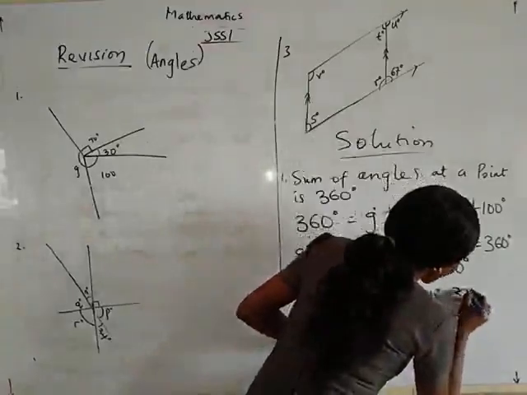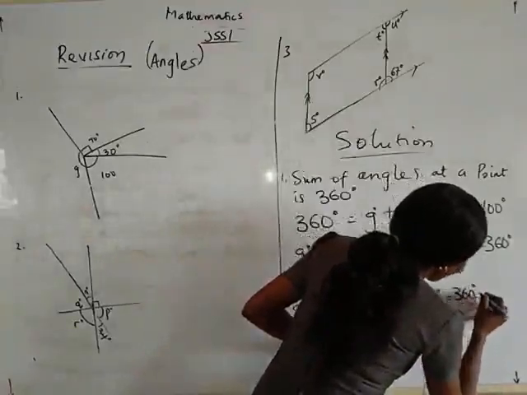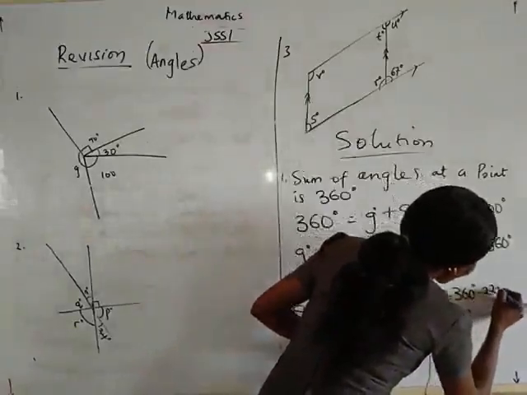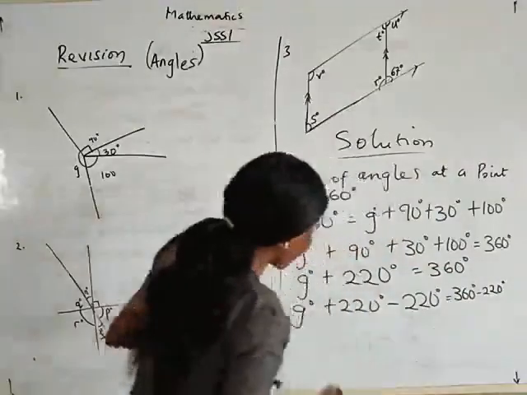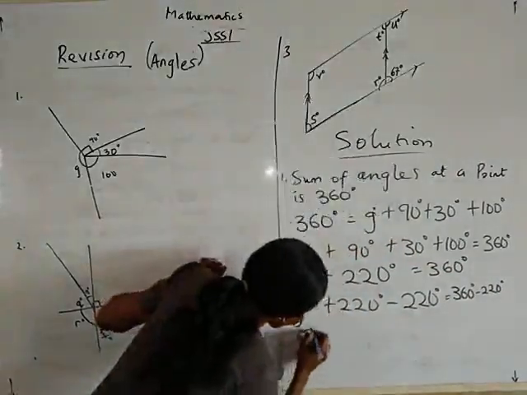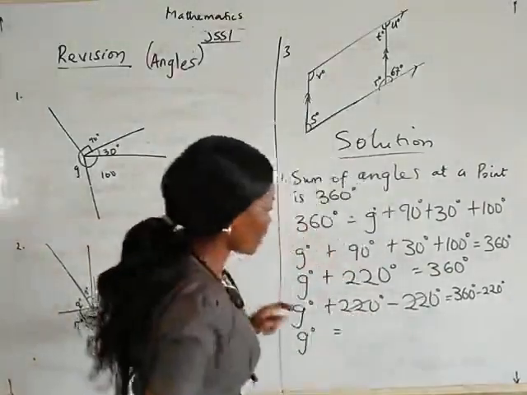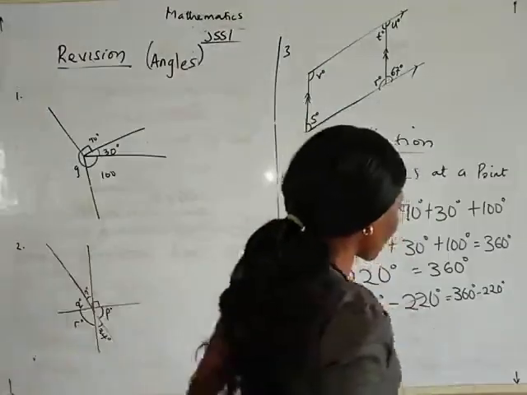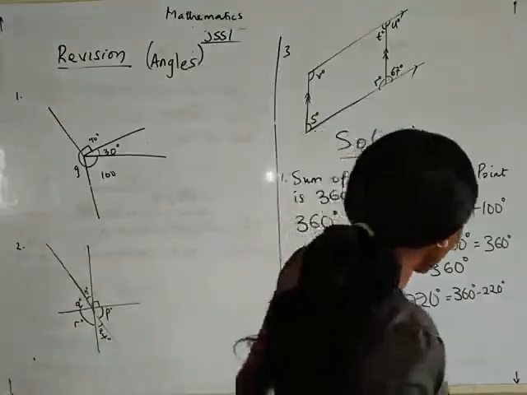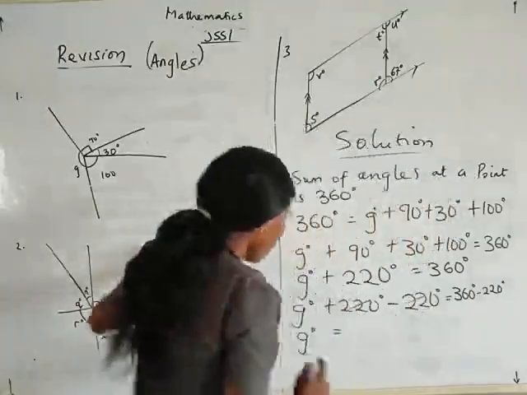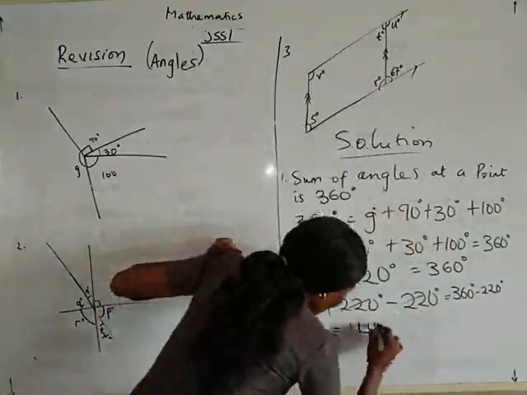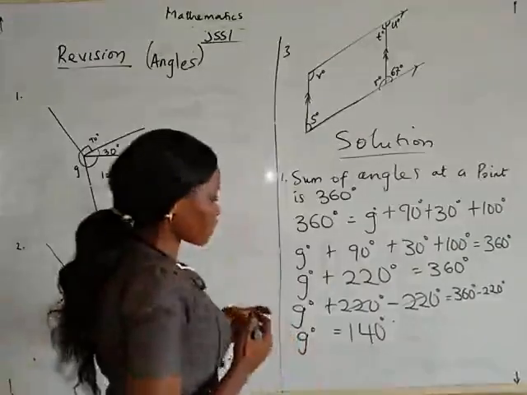So we have 360 degrees minus 220 degrees. Because this cancels out, G degrees equals 360 minus 220. And 360 minus 220, what will it give us? 140 degrees. So our G is equal to 140 degrees.